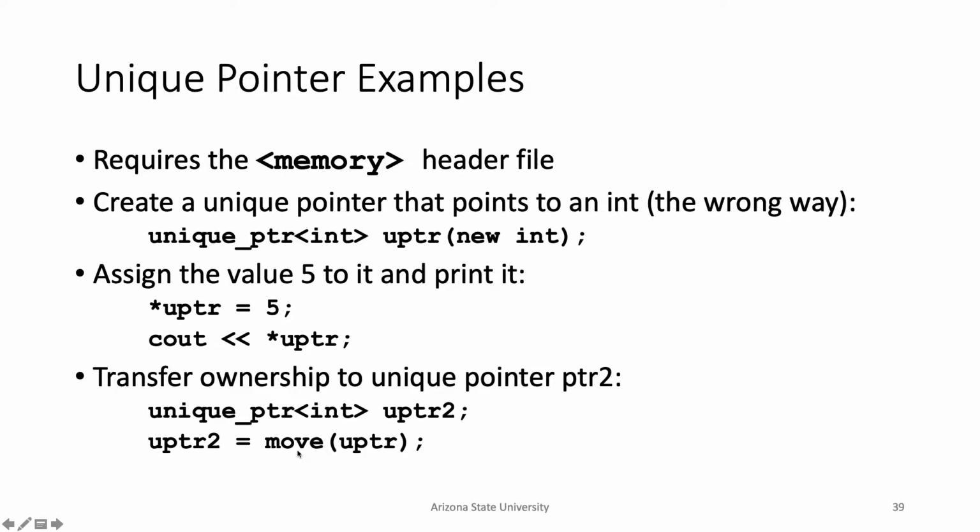So after this move statement here, the first unique pointer does not have ownership of the object anymore, and the second unique pointer does have ownership of the object. So we're moving ownership over. The function doesn't really do this, but it's a good way to think about it.